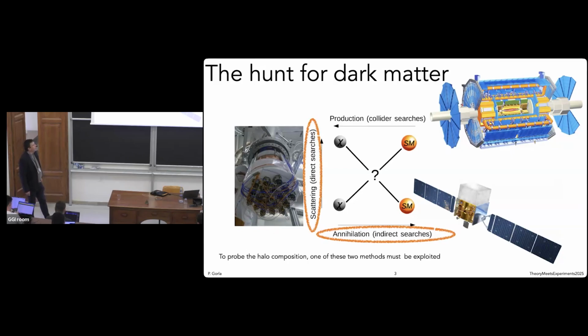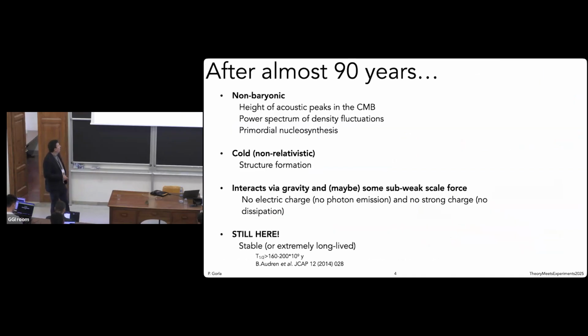So these technologies are complementary, but if we want to gather information on what is composing the dark matter halo around the galaxy, and so what's really generating the gravitational effect we observe in the universe at many different lengths, we need to go through some kind of direct and indirect observation. But I will say that direct detection is the crucial way to access information on the composition of the halo.